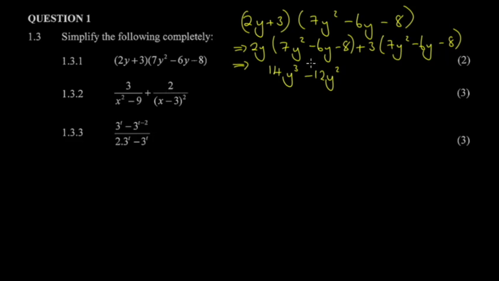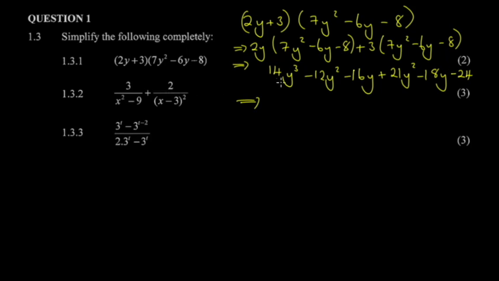Then for this part you'd get negative 16y. Then for this part you'd get 21y squared. And then negative 18y, since 3 multiplied by negative 6 gives negative 18, and there was a y already. Then 3 multiplied by negative 8 gives negative 24.